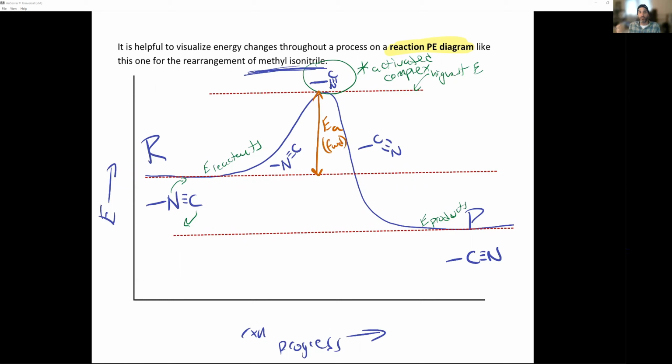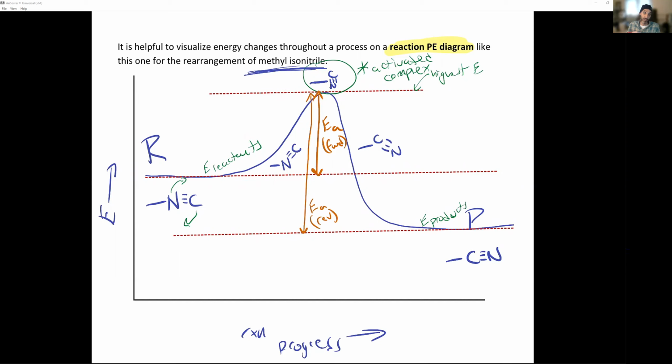If we put a ton of energy into this, there's no reason that it can't go in the opposite direction. So this is the activation energy of the reverse reaction. If I put in enough energy to get it over this hump, it could go back towards reactants. So we have to watch out for that.